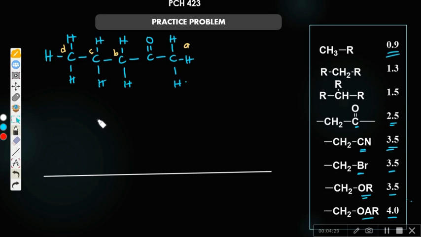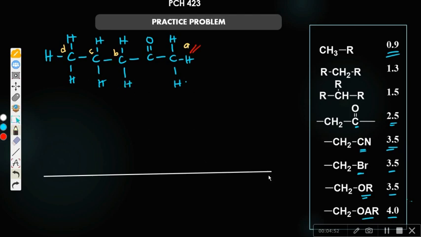Is that okay? So let us take the first one. Let's take D. Are you getting it? The reason why I don't want to start from A is because A is attached to an electronegative atom, so you should expect A to be far as compared to D.